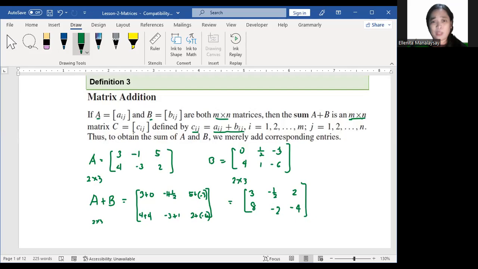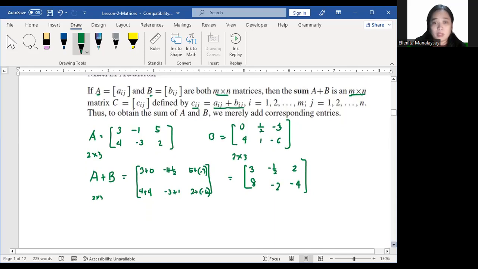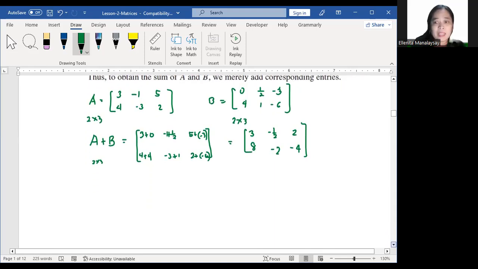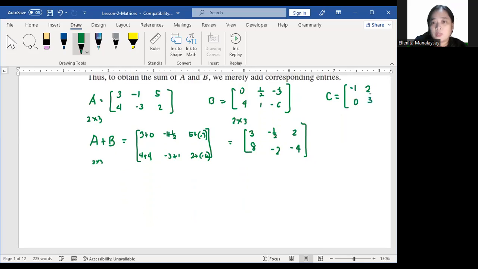But I would like to point out, class, that we can only add matrices if they have the same number of rows and the same number of columns. Pag magkaiba, hindi natin po pwedeng i-add. Say, for example, if we have matrix C to be a 2 by 2, say, for example, -1, 2, 0, 3, we cannot add C to any of these two matrices.